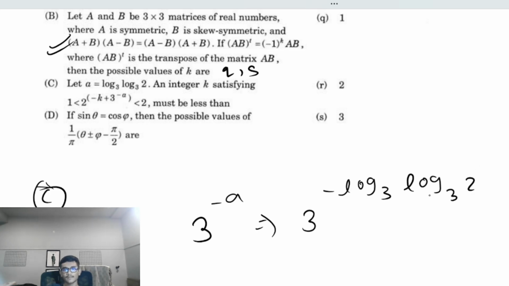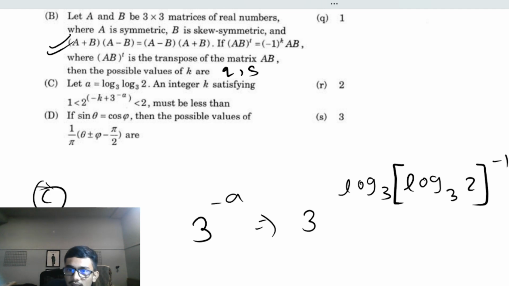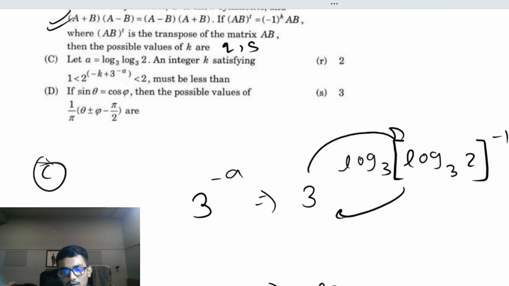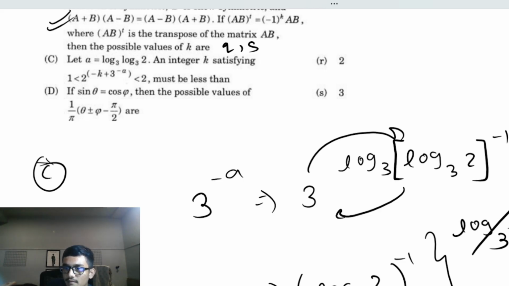of 2. Now I can write it like this, and if you know the property of logarithm, this minus sign is given as a power of the inside term. Now also there is another property where you can exchange these terms, so it will be log 2 to the base 3 and its power minus 1, and its exponent will have log 3 to the base 3, and it will become 1.